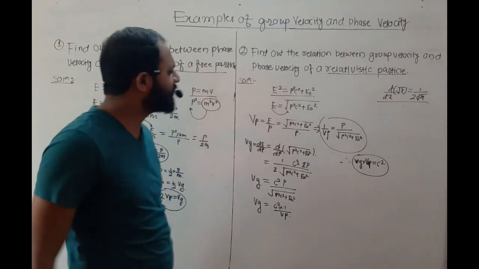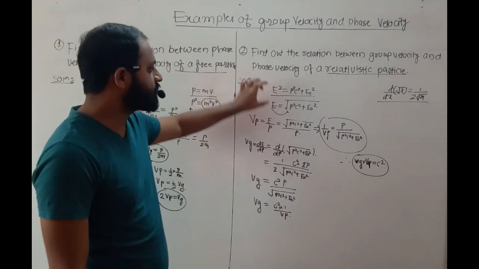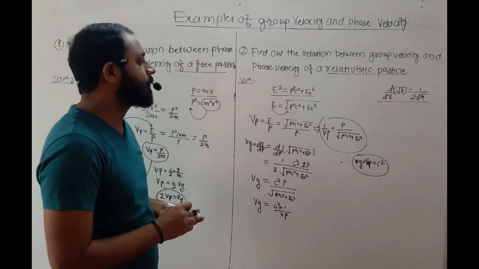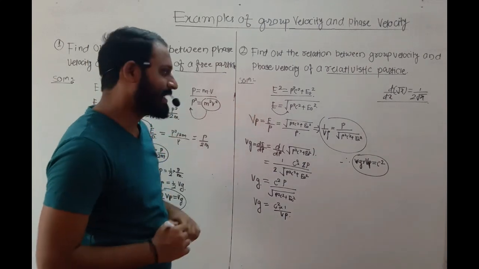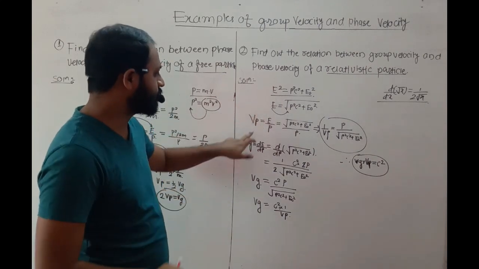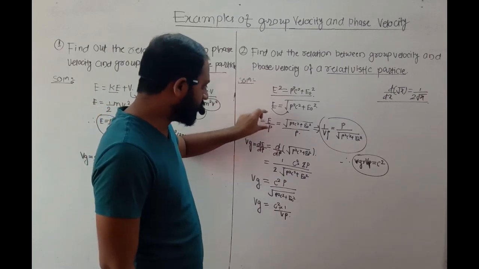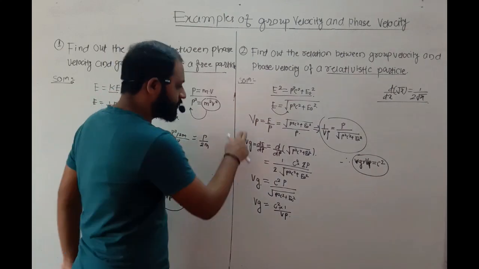Just you should know this relation, that E square equals P square C square plus E naught square. After that, I have taken the square root on both sides and found E. Then I have the relation for phase velocity in terms of E and P. I just put E here, then I got this.